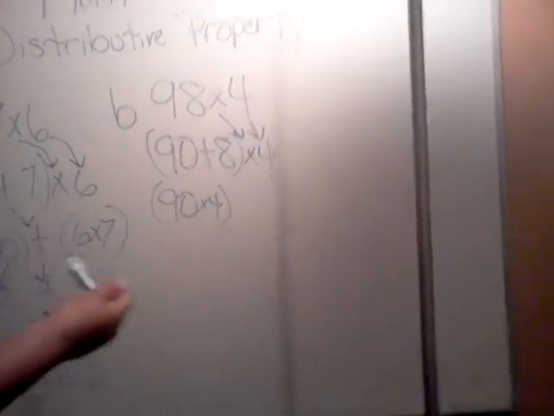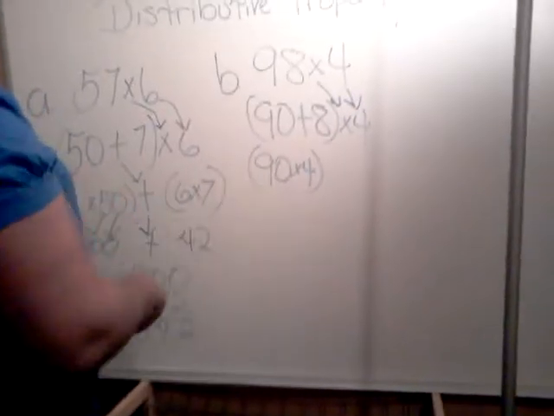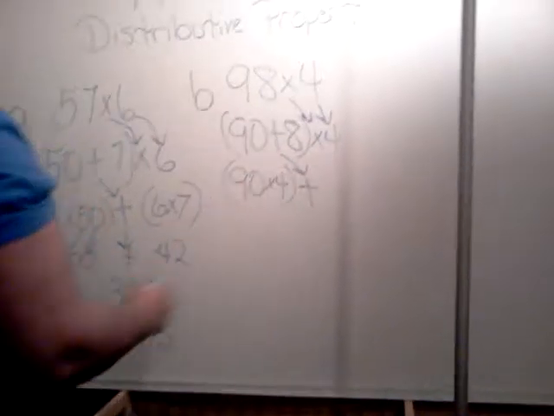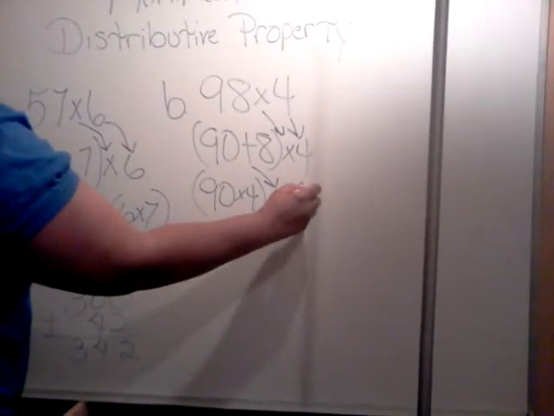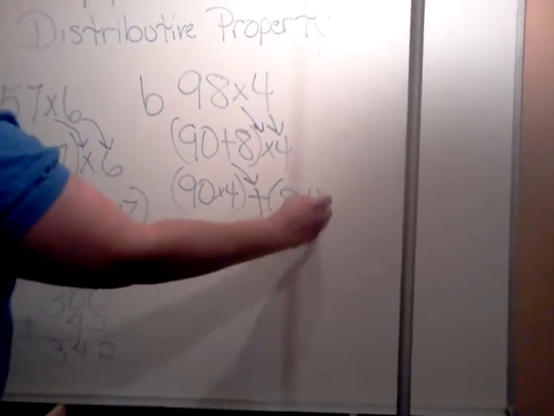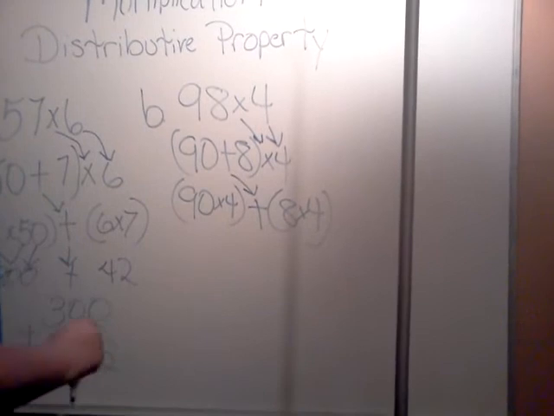Commutative property of multiplication says, doesn't matter which order, you're going to get the same answer. Let's bring down this addition sign. And then we're going to do 8 times 4. We started off with one problem, now we have 2.